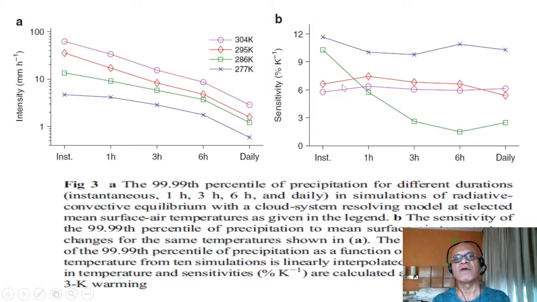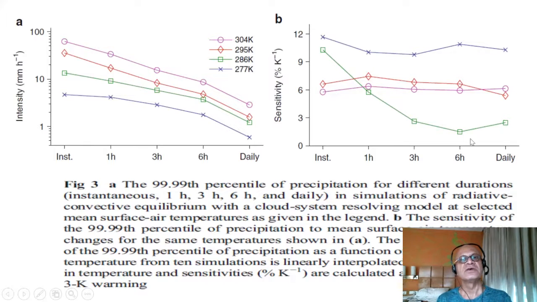But here you have 286, which has high sensitivity for instantaneous intensity of rainfall, but drops off below both 304, 295 and 277 here.